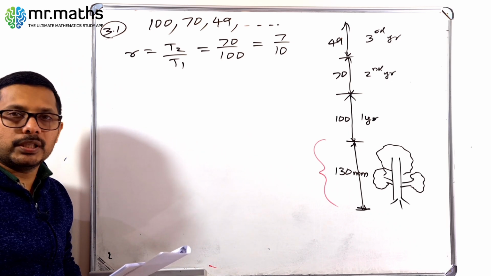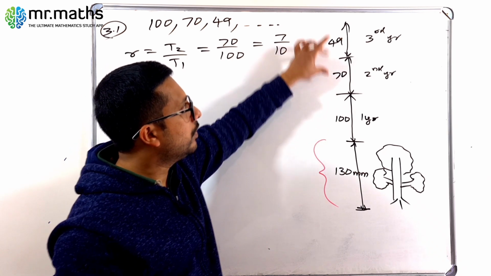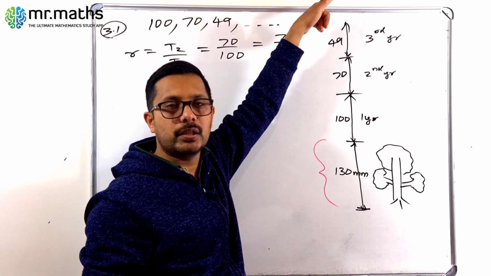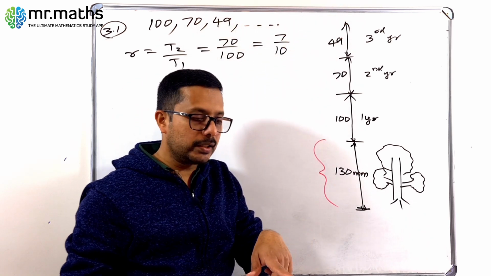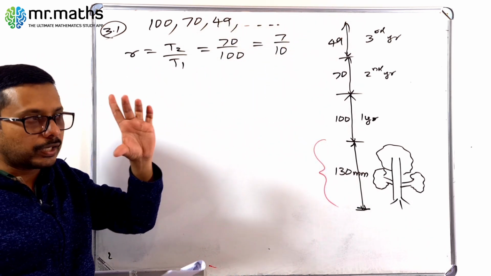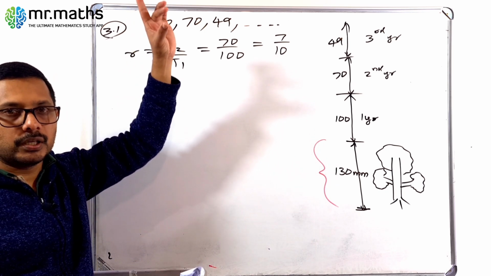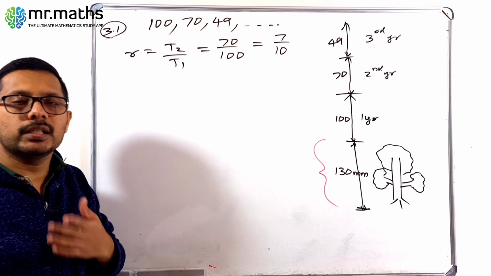Here the height increased 100, 70, 49, maybe next year 38, then next year 27, and so on. On which year is the height going to be 11.76? You can see that the height increase is getting less like that.